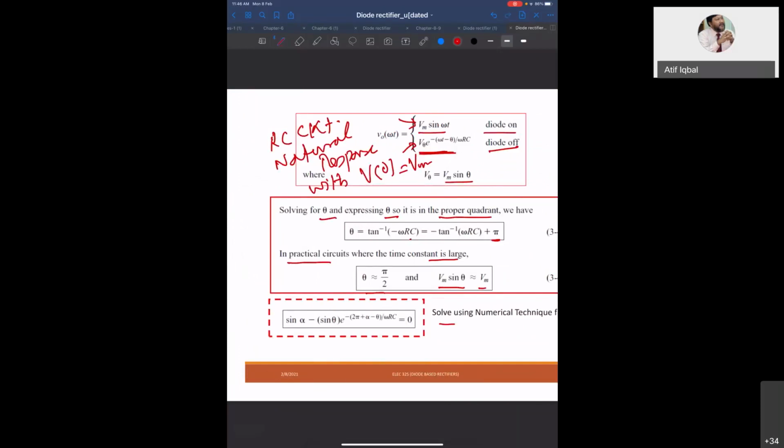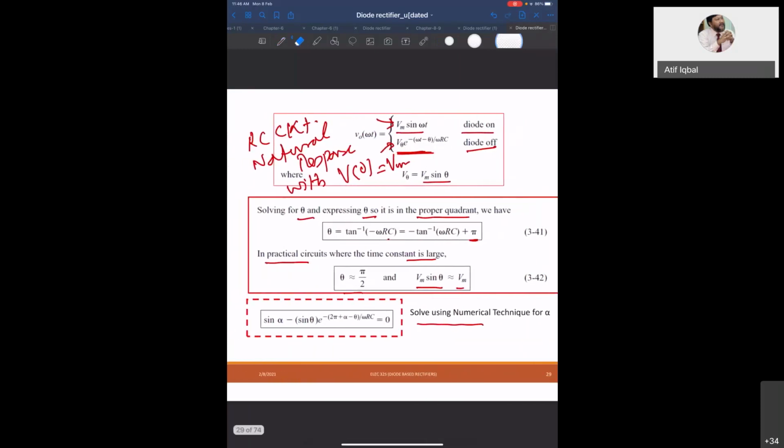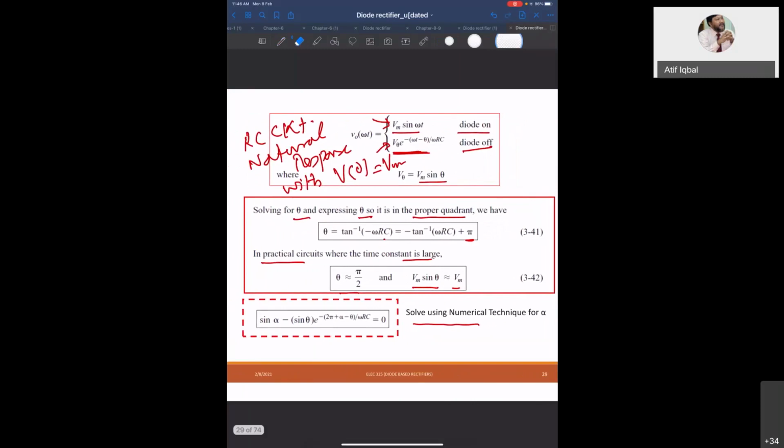Now, solve again using a numerical technique for alpha. Actually, I skipped some mathematics and straight away gave the expression.